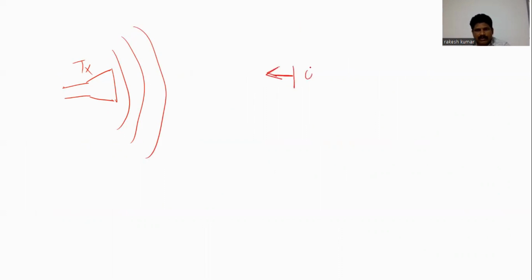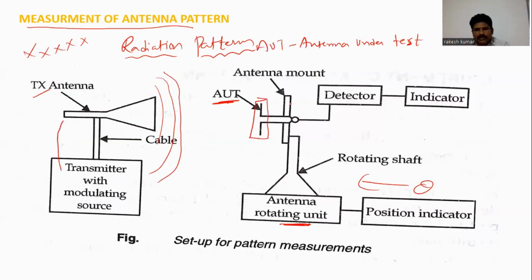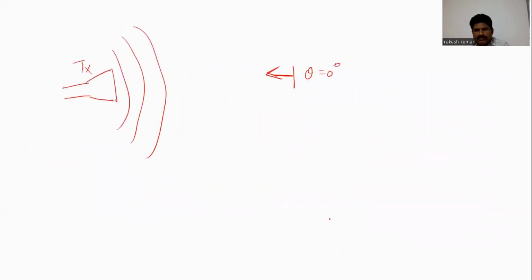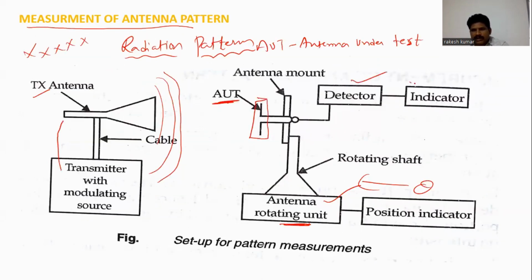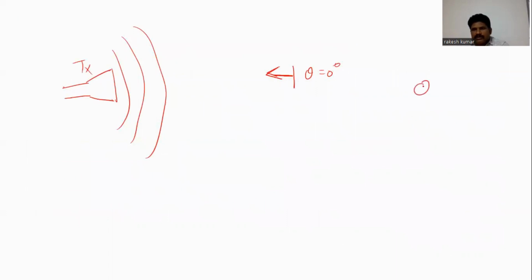Let us consider it is theta equal to 0. Now by using this antenna rotating unit, and this detector and indicator, you will notice at theta equal to 0 degrees how much electrical field, normalized electrical field, I have received.